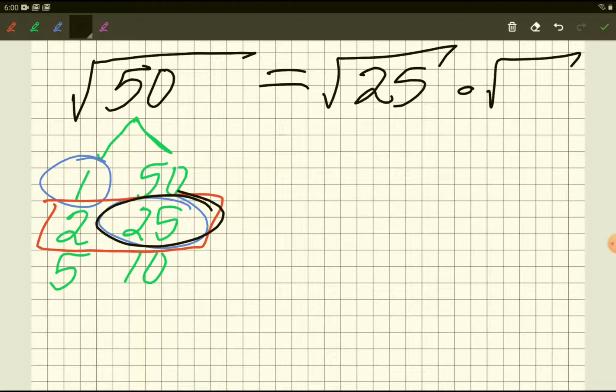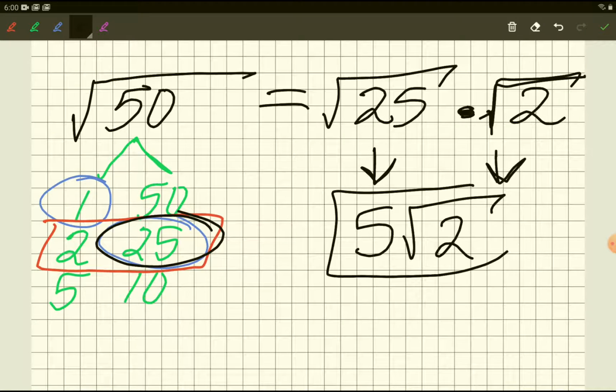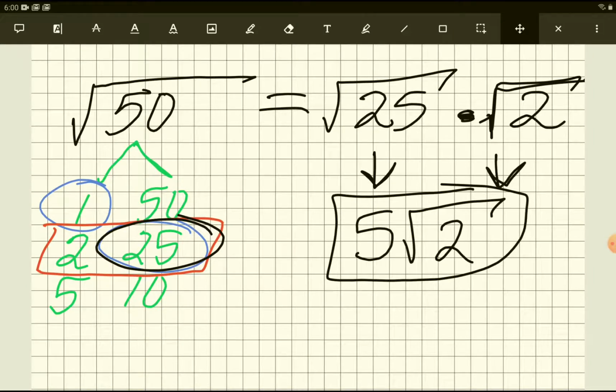Square root of 25 times the square root of 2. But we know what the square root of 25 is. Okay, it's 5. And remember I said we don't mess with this, so it's literally just dropped. And we're done.